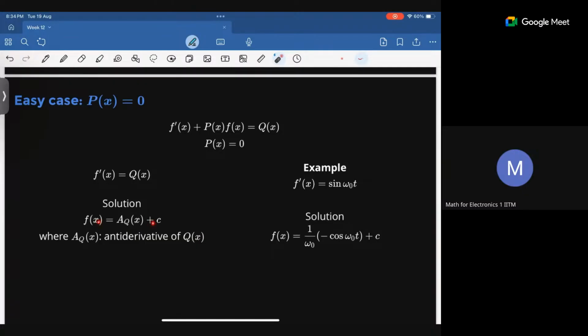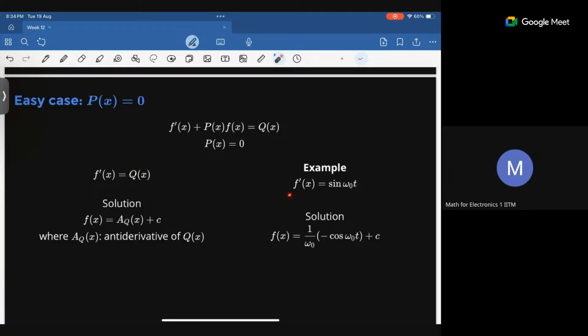But if you have a constant on both sides, you can bring the left hand side constant to the right hand side and make it a single constant. There is no point of writing f of x plus c1 equals the antiderivative of q of x plus c2, some other constant, because it is just an integral constant and doesn't provide anything more to the solution. Therefore, in the easy case like p of x being 0, if you just do the integral on both sides, we will get to the solution.